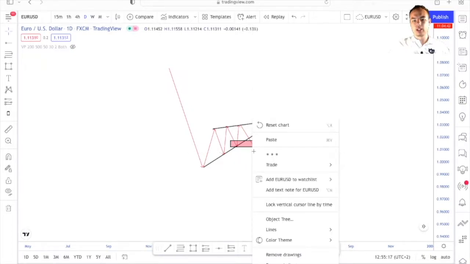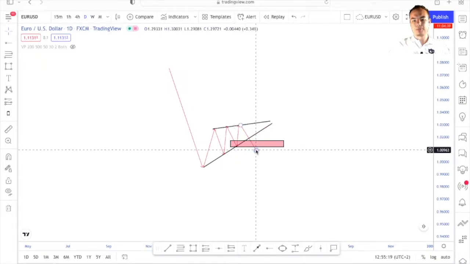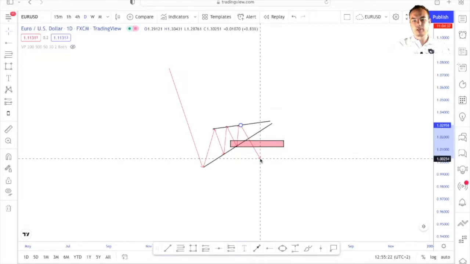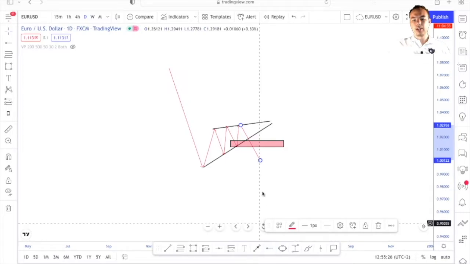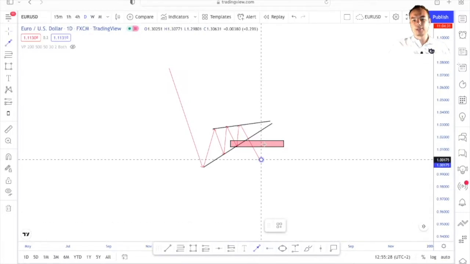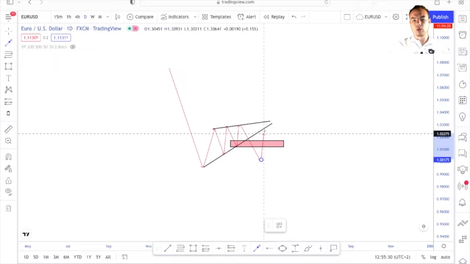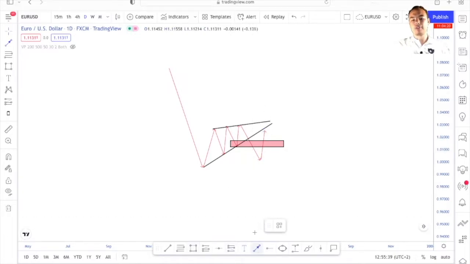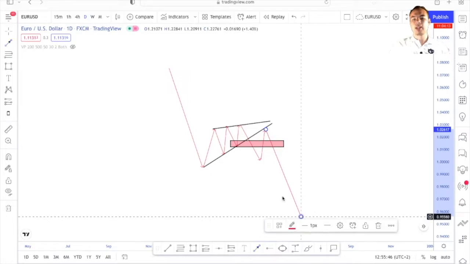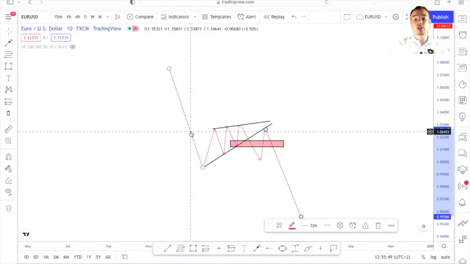So I'd wait for price to break low, make a lower low, and then for it to retrace back up here, or the trend line itself. Put Fibonacci, candlestick confirmation. There's a lot of other confirmations that you can use. And then from basically this point, I would then look to sell and then catch the sell because it's a continuation pattern.